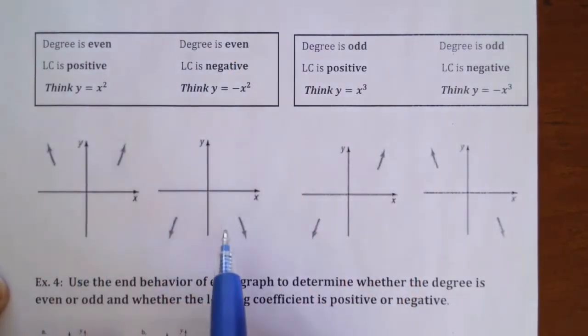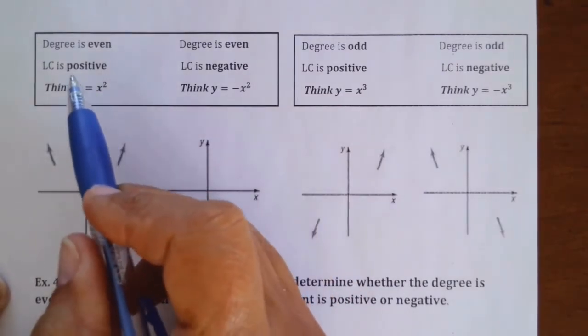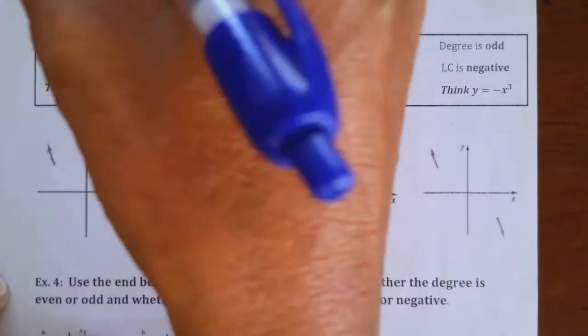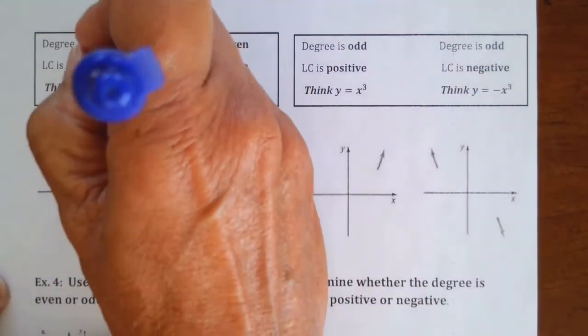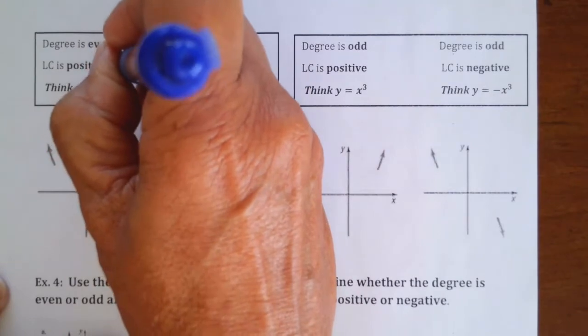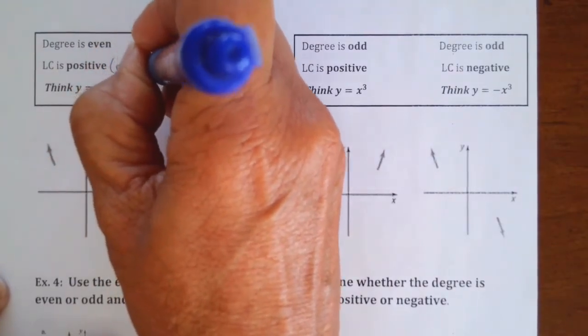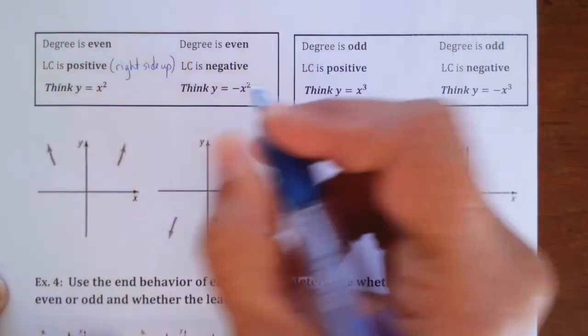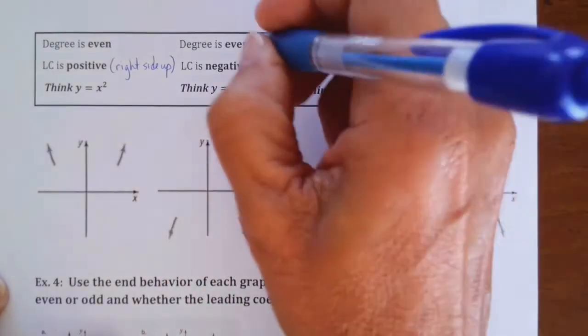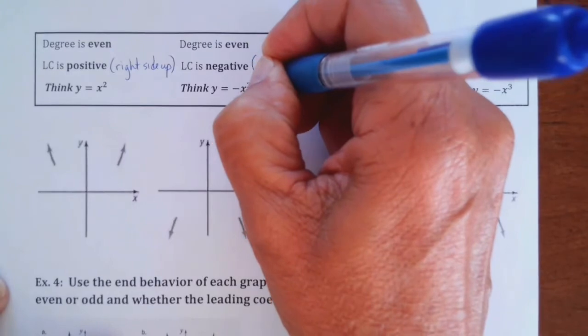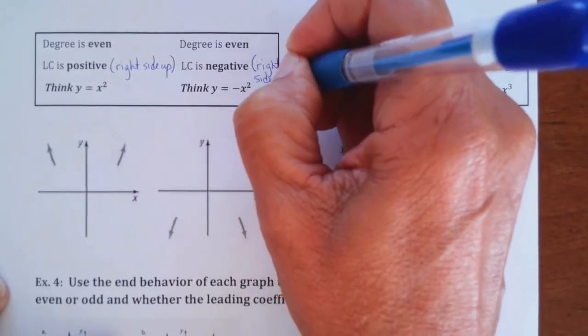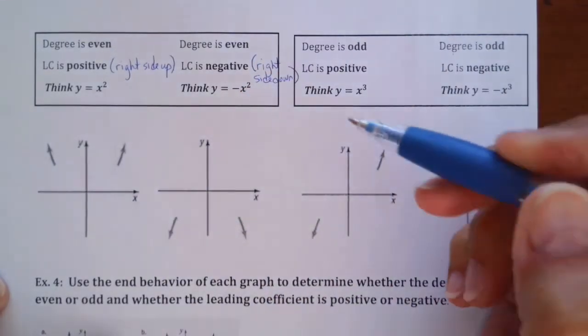So that's these two pictures here. The way that you know what happens is by looking at the leading coefficient, okay? So if the leading coefficient is positive, right side goes up. And if the leading coefficient is negative, then the right side is down. Sorry, I don't have a lot of room there. The right side goes down.